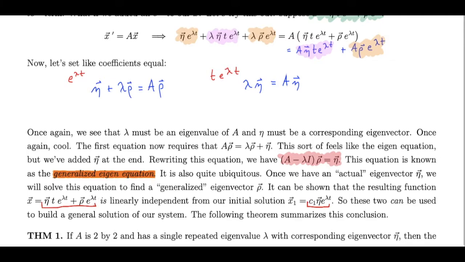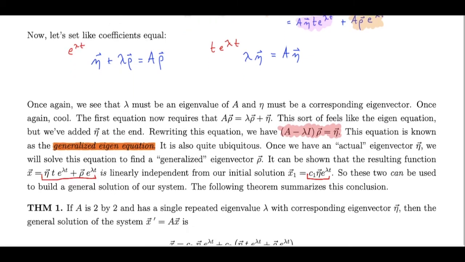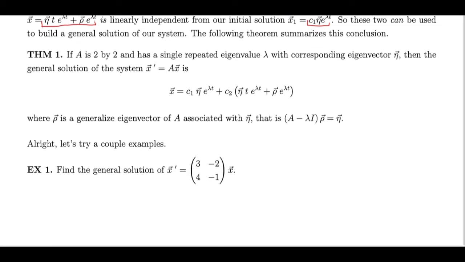I've summarized that fact in Theorem 1 here. So Theorem 1 states that if my matrix is 2 by 2 and I have one single repeated eigenvalue and the corresponding eigenvector is eta, then in order to state the general solution of this system of differential equations, I'll build it out of the two solutions that I just highlighted. The first one will be the natural solution that we would normally build, and then the second one will include this t e to the lambda t term with eta as a coefficient.